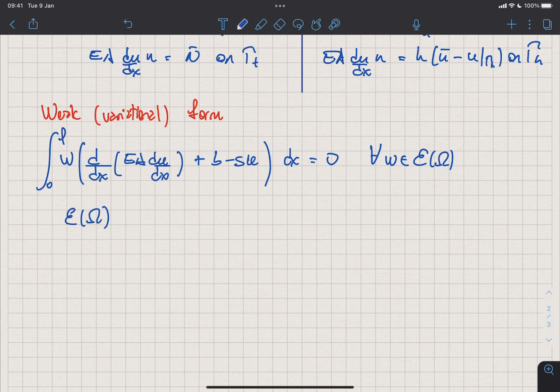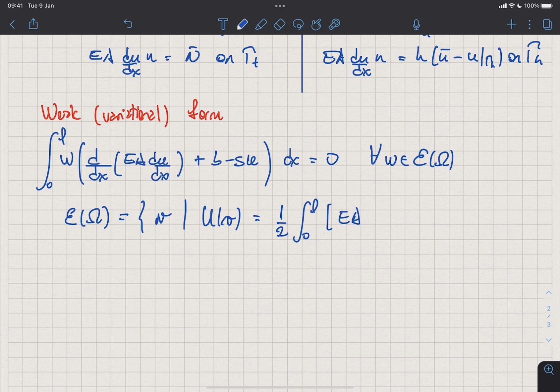Well, E is basically going to be defined as the set of functions V such that the strain energy that I'm going to call uppercase U, which for this bar is basically 1/2 of the integral of EA times V prime squared plus SP squared, is less than infinity. This is the way we define the strain energy for the bar, and by saying that, I'm saying that the strain energy is finite.